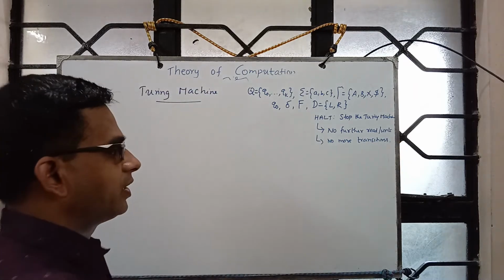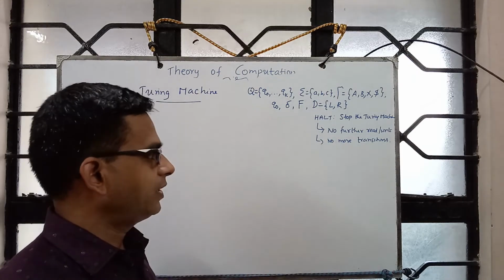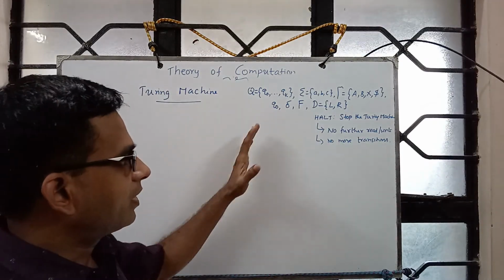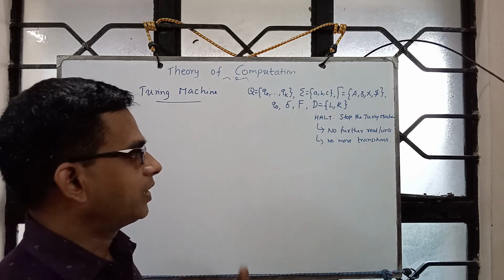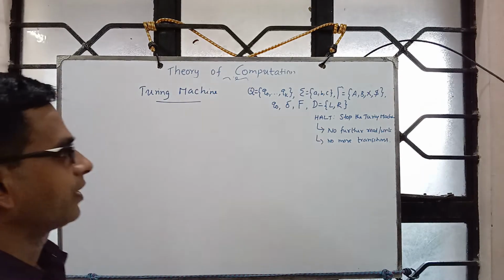So it cannot read further, it cannot write further, it cannot move further. It simply stops the machine. And with that, you conclude what this machine can accept, and so on. Fine.